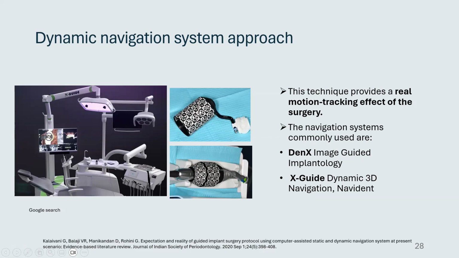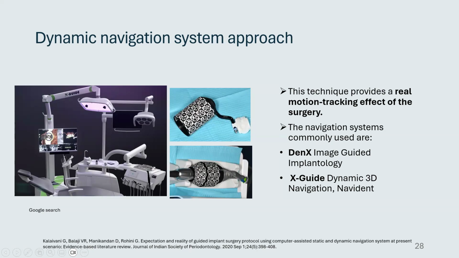and we have the computer, and we have the two attachments, one attached to the patient's mouth to the surgical guide, and one to the handpiece. These attachments have patterns over them, so when they are placed on the handpiece and the patient's mouth and the light is transmitted over them, the camera can read these patterns and determine exactly where the handpiece is and where the clinician is drilling in relation to the intended implant position.